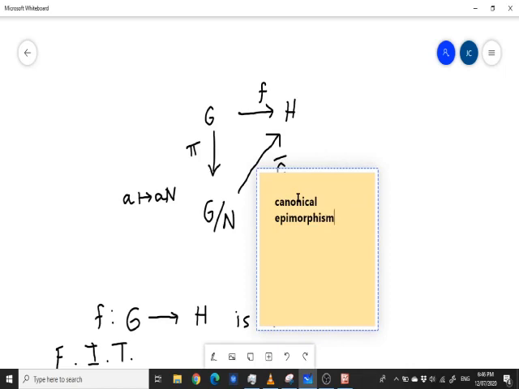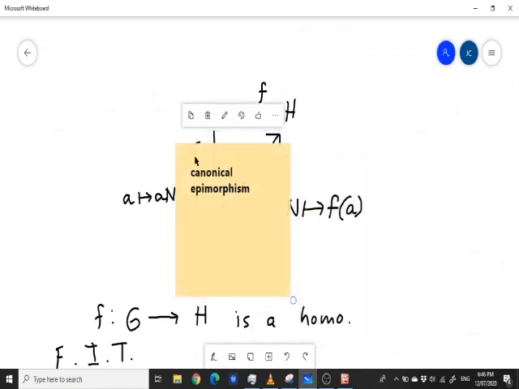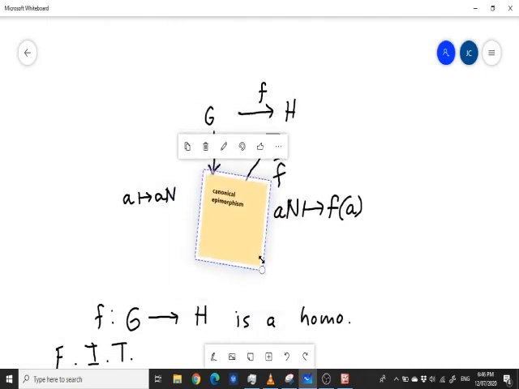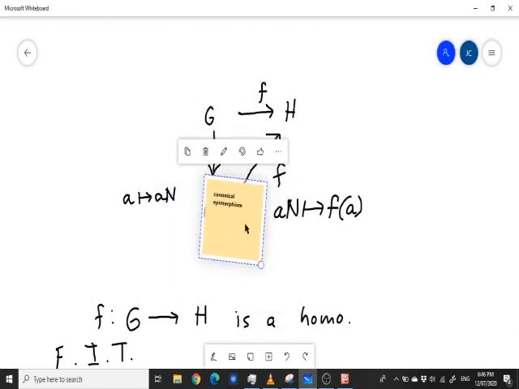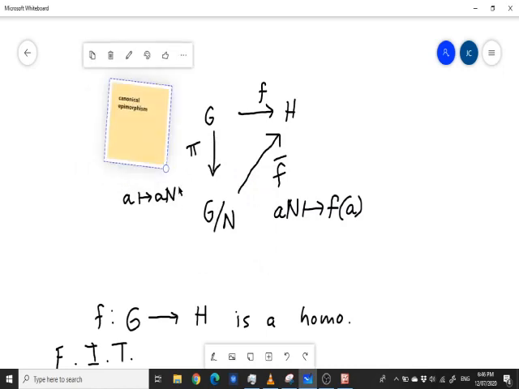It's an epimorphism because it's a homomorphism that is surjective. So a is mapped to its coset, aN. So this is surjective.